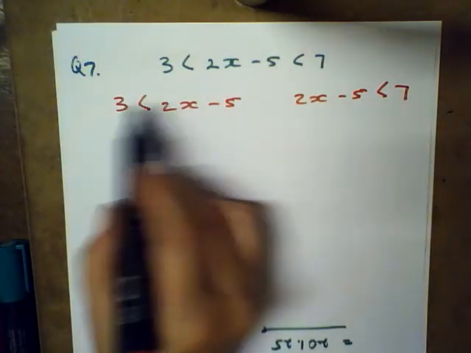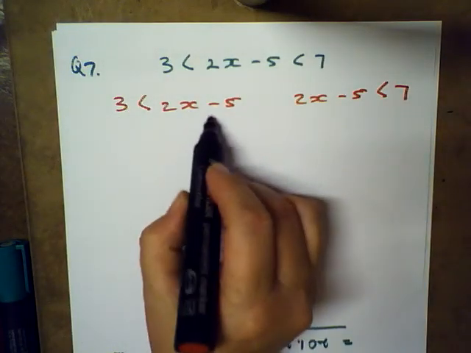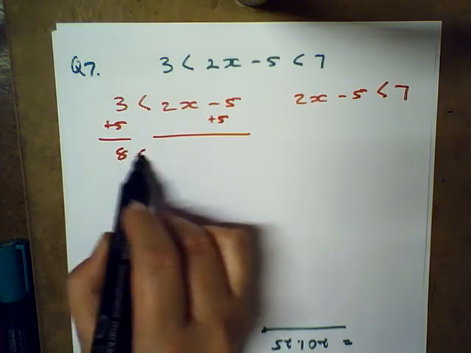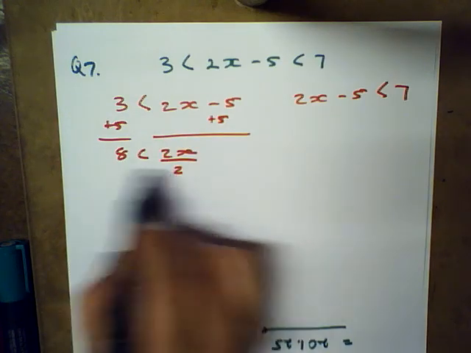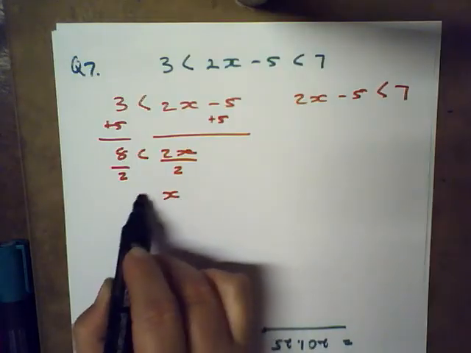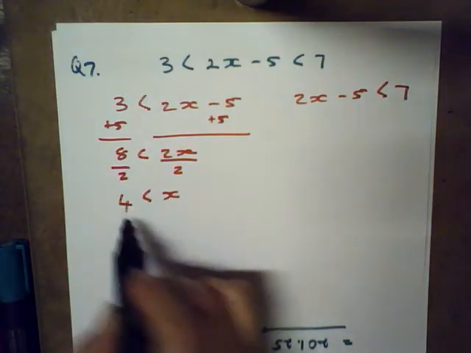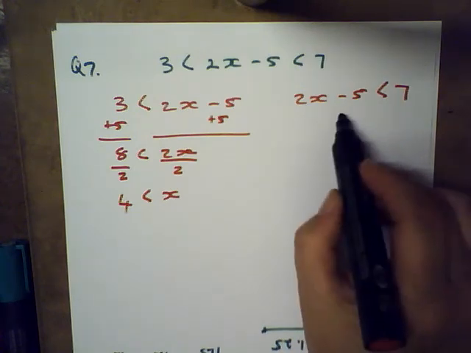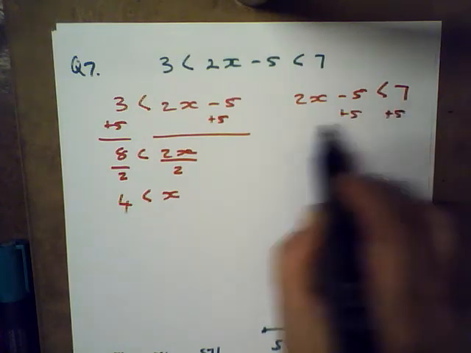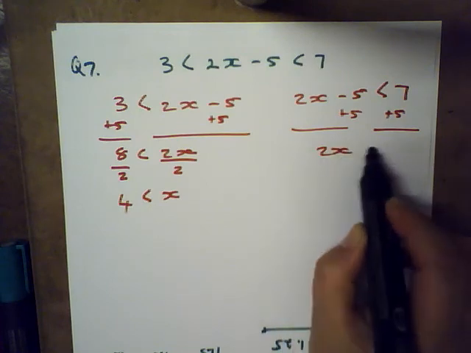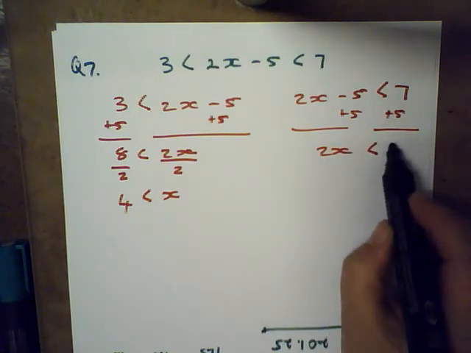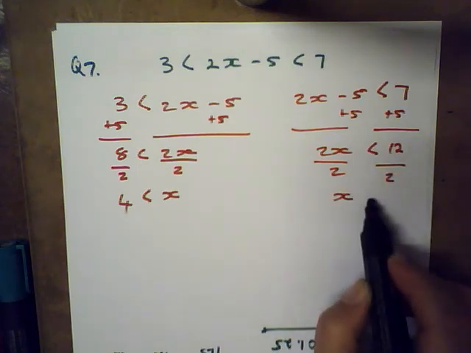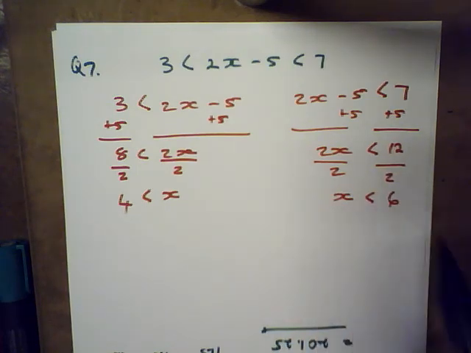Okay, now let's just solve for x. So plus 5 on both sides, so that would give us 8, and 2x, divided by 2 on both sides, so x must be greater than 4. Okay, and on this side the same thing, plus 5, so I'll be left with 2x is smaller than 12, and divide by 2 on both sides, so x must be smaller than 6.